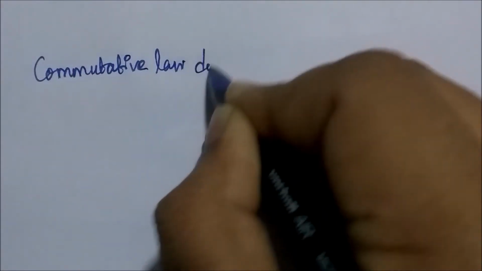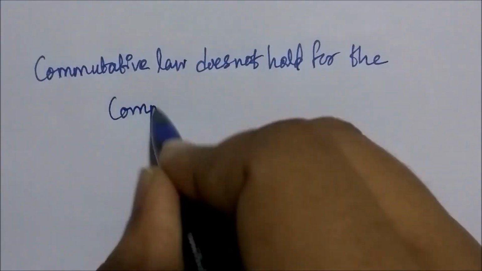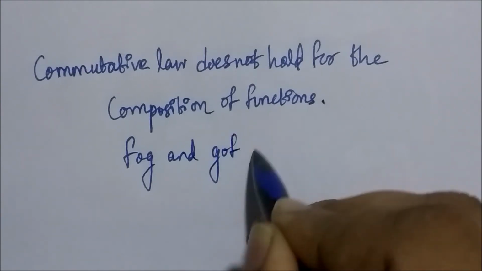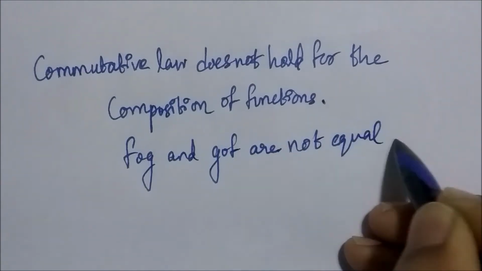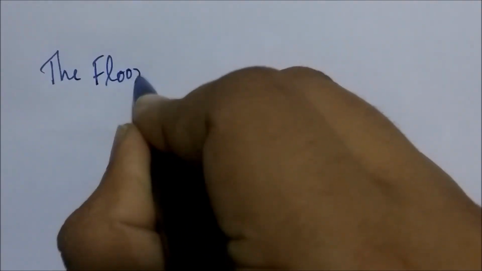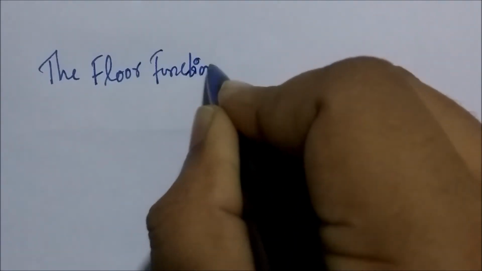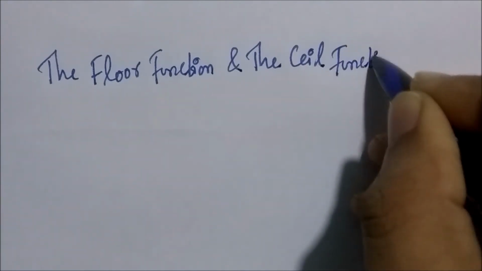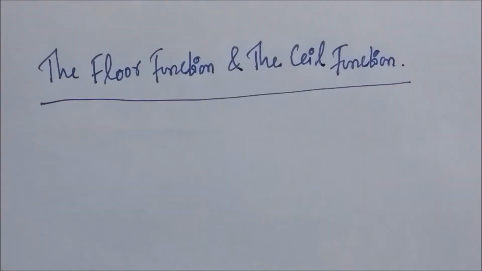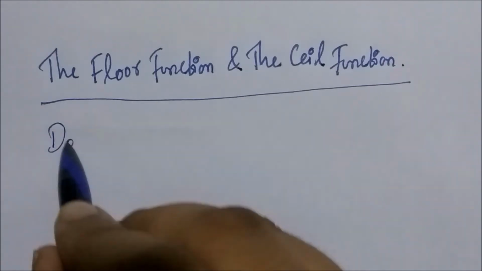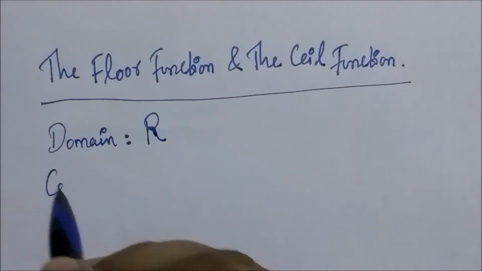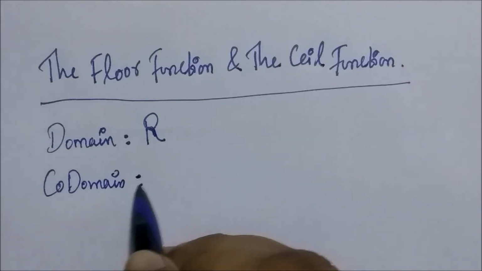Also note that the commutative law doesn't hold for the composition of functions, meaning F composition G is different from G composition F. Let's see two important functions that we use in discrete mathematics. Those two functions are the floor function and the ceil function. Both the floor function and the ceil function have the domain as the set of real numbers and their codomain is the set of integers.